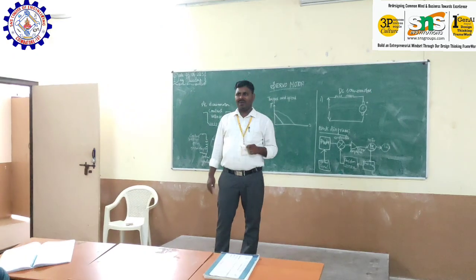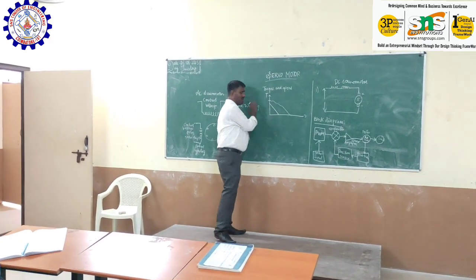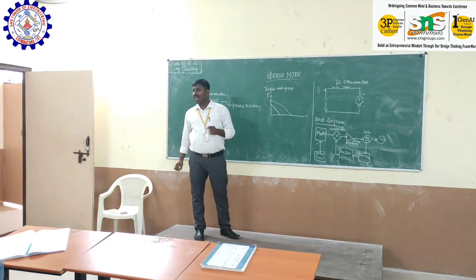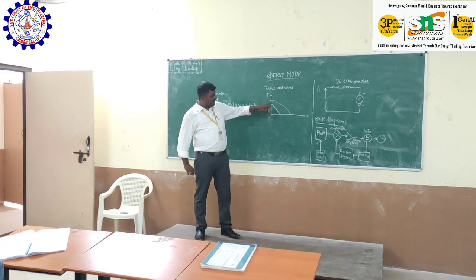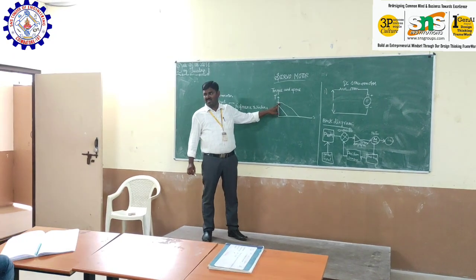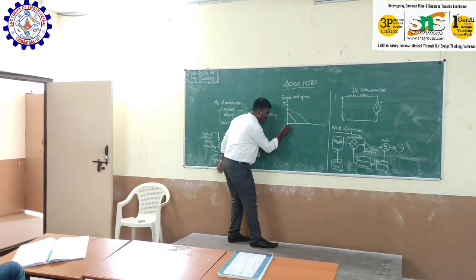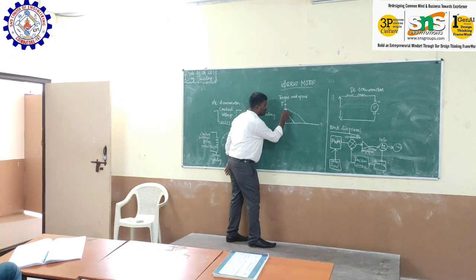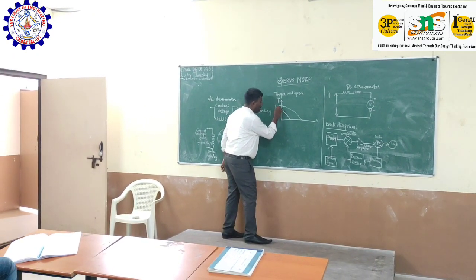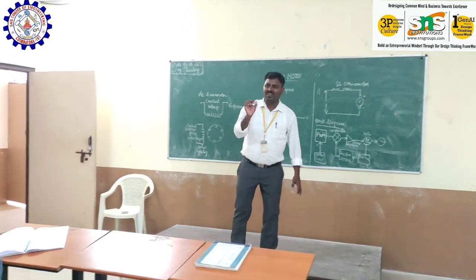The major advantage is that the servo motor has a very high starting torque. Already we saw the repulsion motor, which also has high starting torque. But the servo motor also has high starting torque at the time of starting, because the shaft of the servo motor is very, very small.